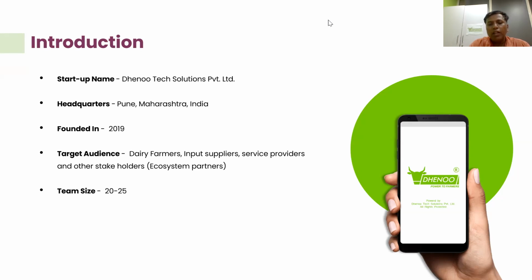In a way, we are trying to build an ecosystem of dairy farming through technology and through the platform called Dhenoo. You must be wondering what Dhenoo is. Dhenoo stands for cow in Sanskrit, a very ancient language from India.